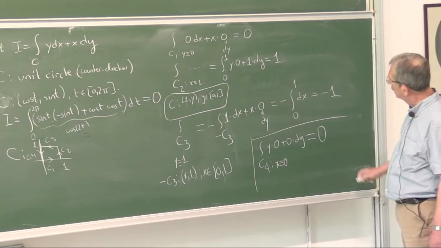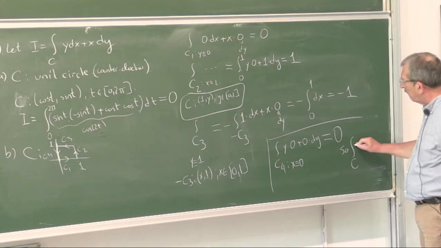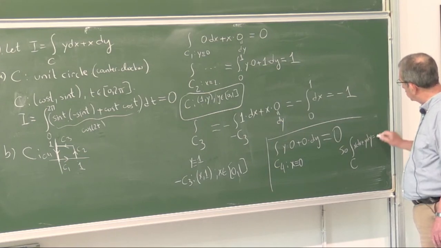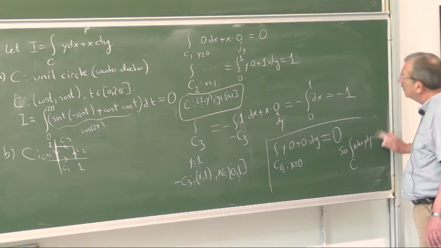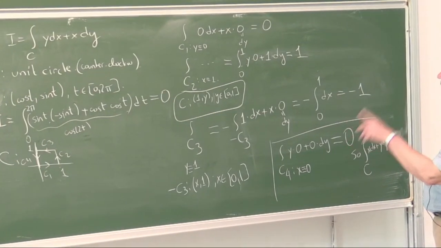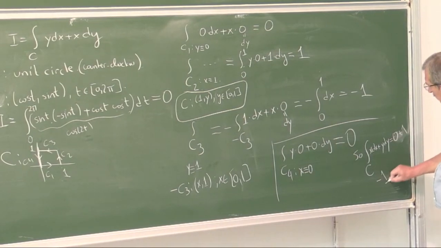In short, the integral over C of x dx plus y dy is 4 terms: 0, 1, minus 1 plus 0, so it is 0.